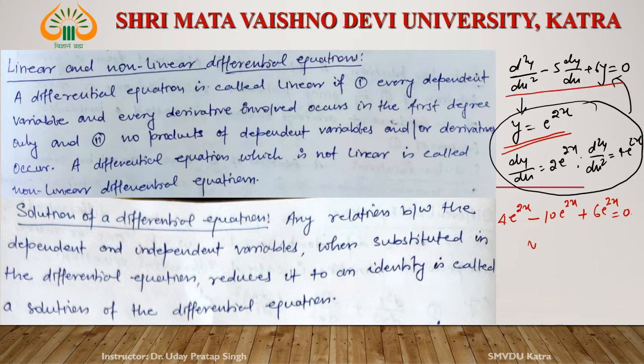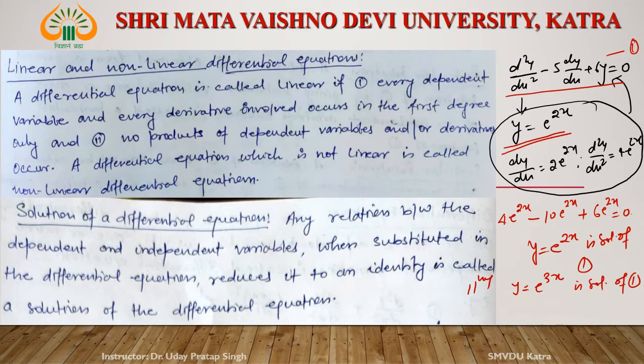So y is equal to e to the power 2x is a solution of the differential equation, call it 1. Similarly, y is equal to e to the power 3x is a solution of 1, you can verify it.